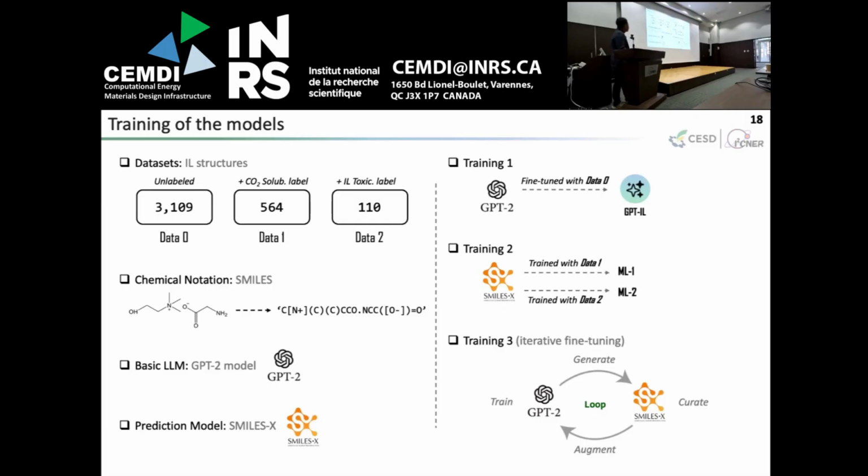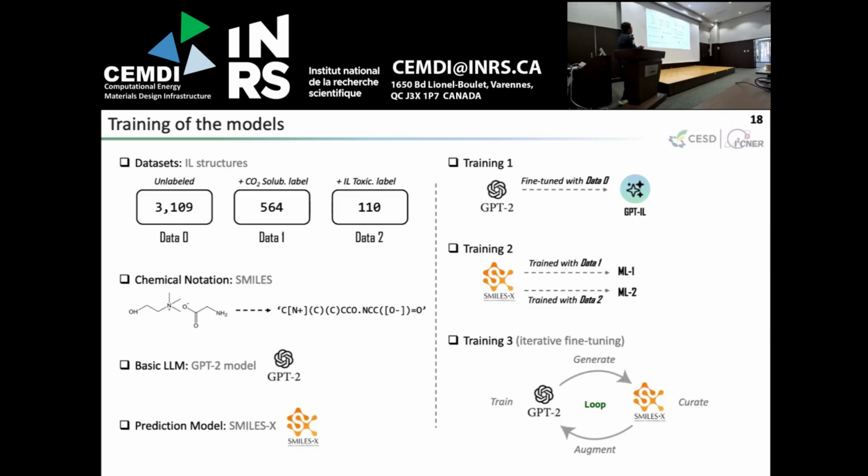For the basis of our generative model, we decided to use a large language model, in this case GPT-2. And then for the prediction model, we use SMILES. I will explain what SMILES is in the next few slides. So using data zero, the unlabeled ionic liquid structures, we fine-tune GPT-2 to be able to generate new ionic liquid structures.